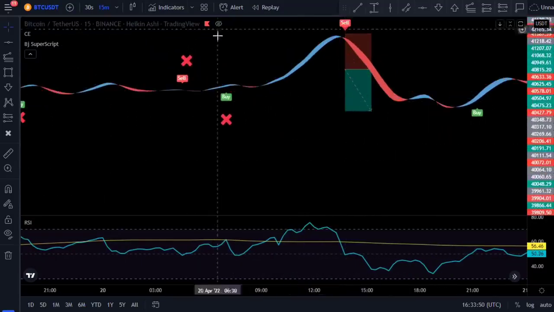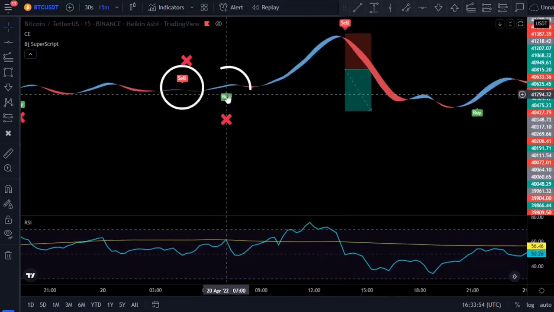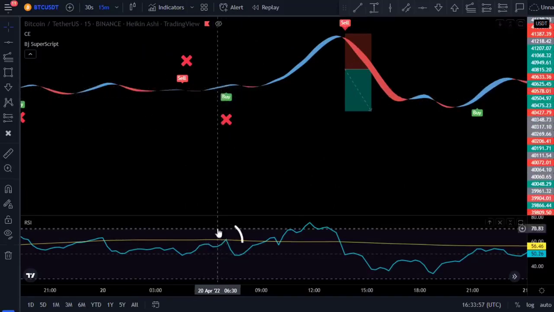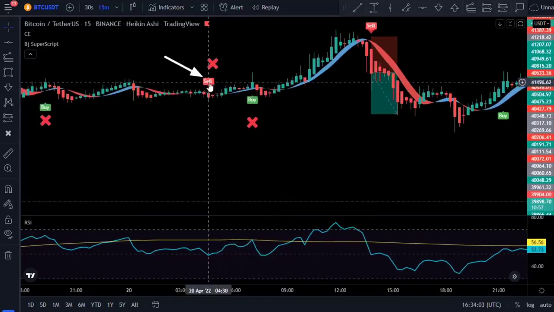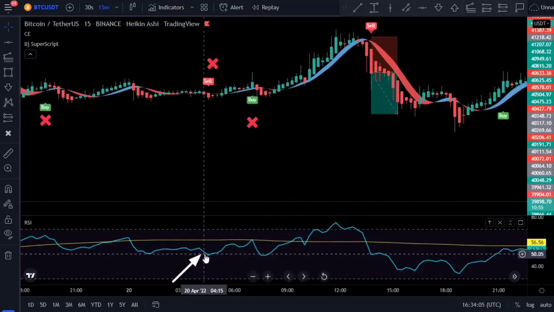I turn off the price chart for you to see for yourself. It is quite clear here that there are 2 confirmations, but RSI does not allow entering the position. If we opened a sell position here, we would lose 100%.